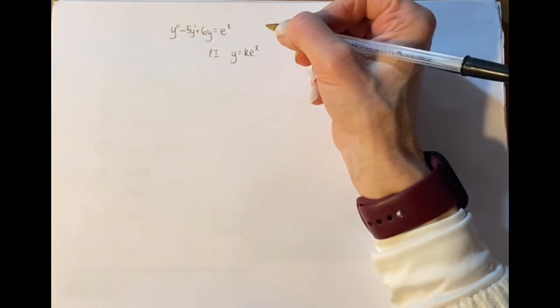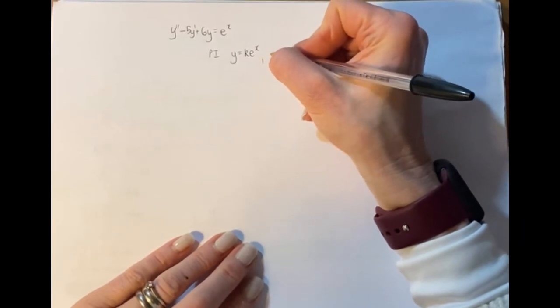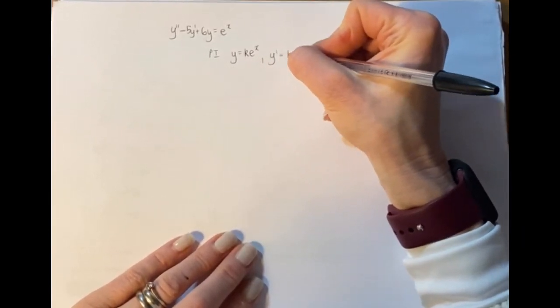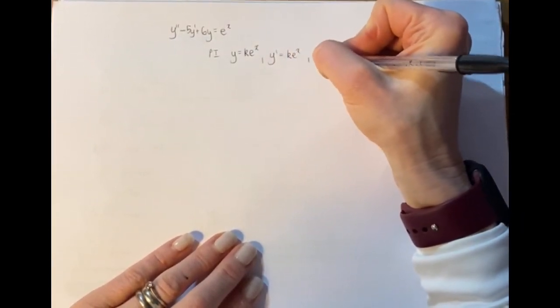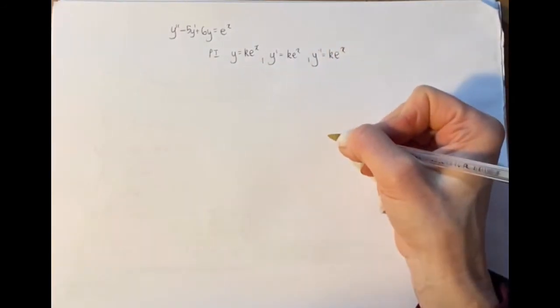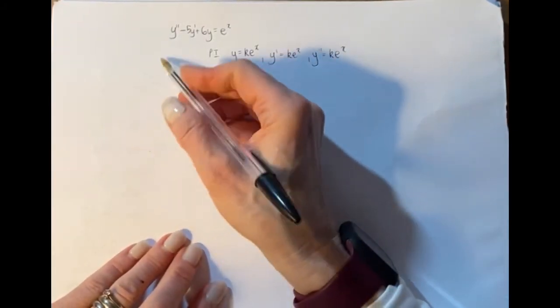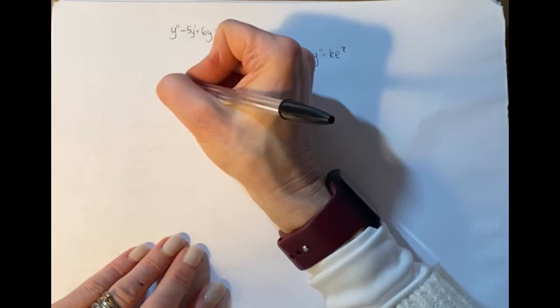Okay, so I need to be very careful with these functions and the next ones. Sometimes they won't work, but we'll discover it in a moment. So no change whatsoever in the look of things. We're going to substitute this into the equation.